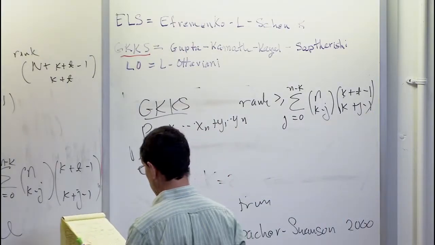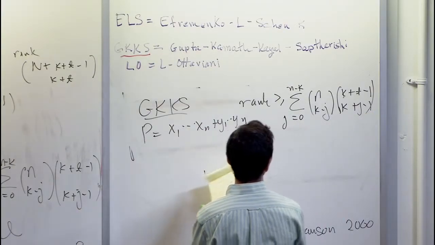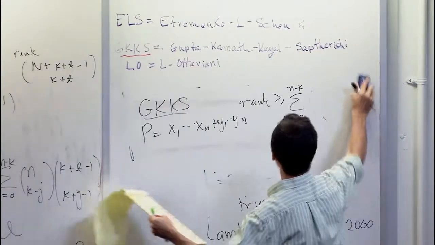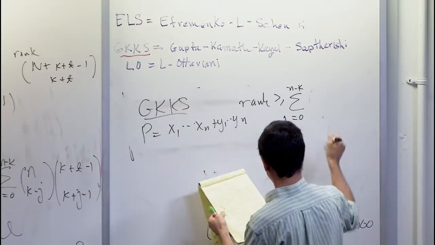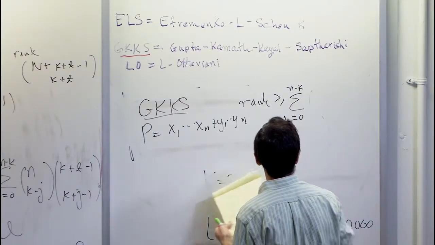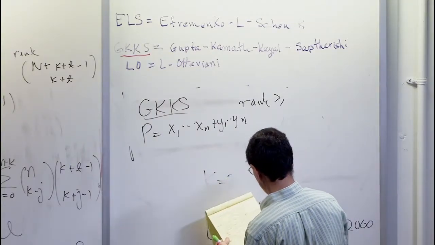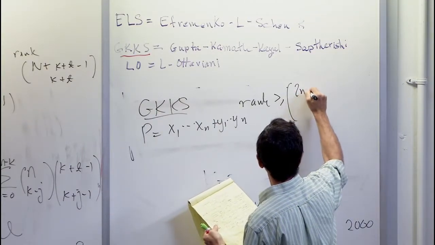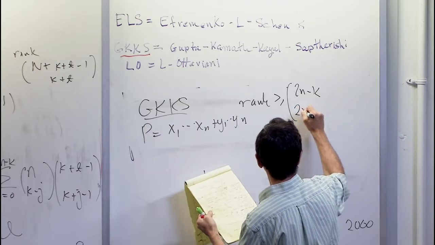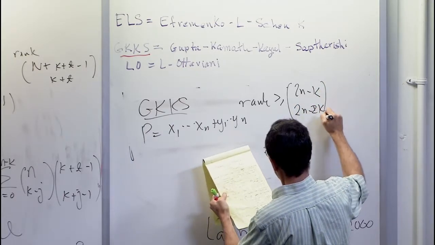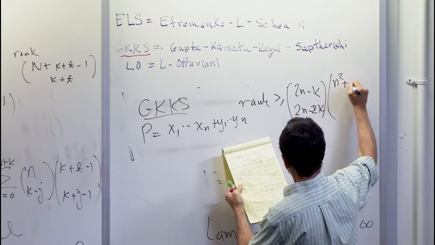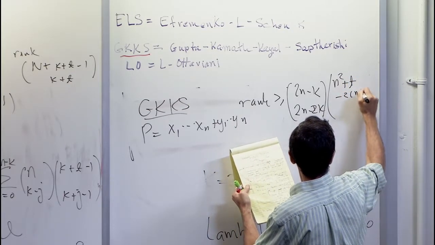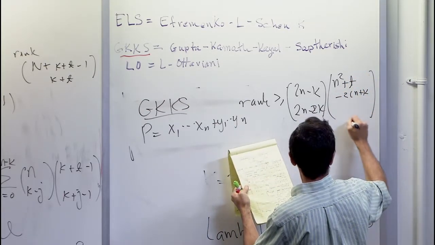Hope I got that right. Oh, no, that's the wrong one. That's the other. Sorry. There's no sum in theirs. That's why. Theirs is nice because there's no sum. It's (2n minus k choose 2n minus 2k) times (n squared plus t minus 2n plus k choose t).